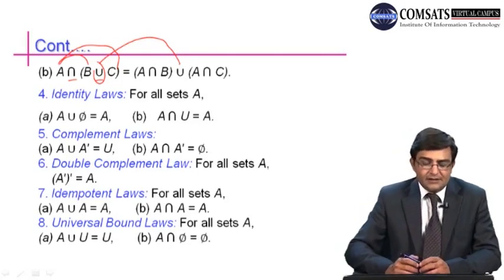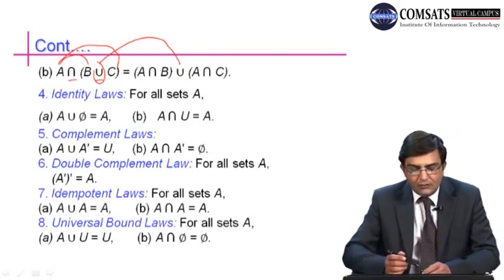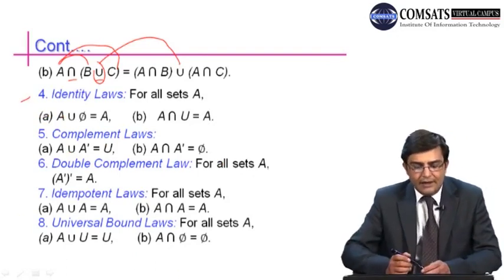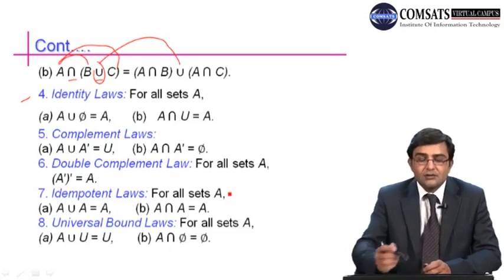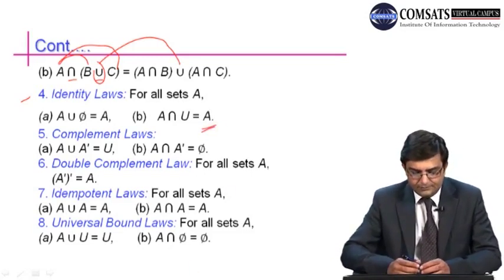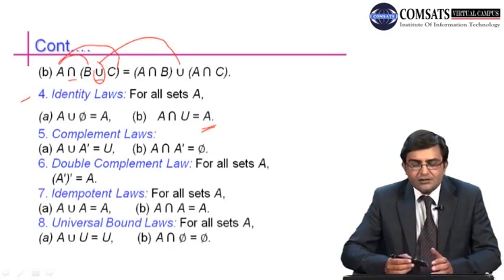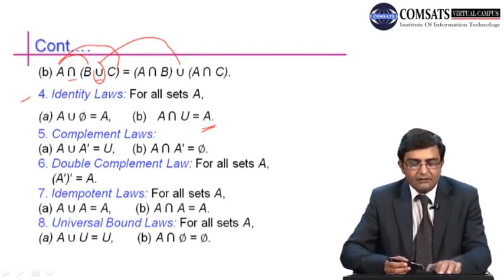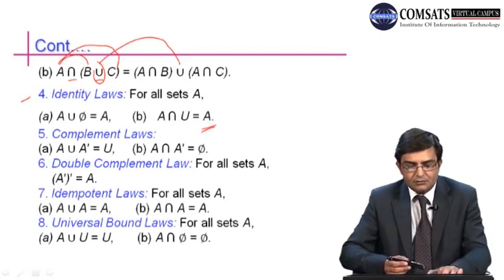The next are the identity laws, for all sets A. A union the empty set is A, and A intersection the universal set is A. Identity laws mean that if we take the union of A with the empty set, A will not be changed.